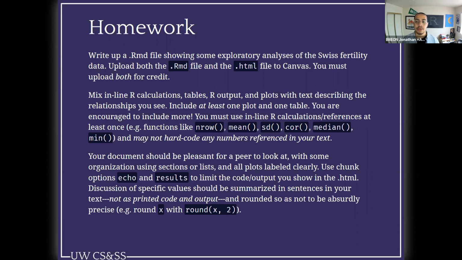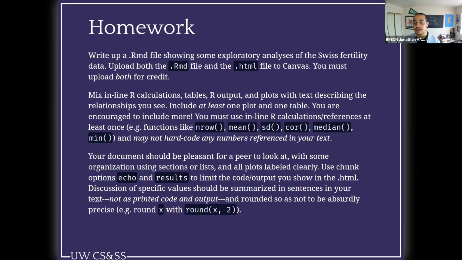You must upload both in order to get credit. You're going to mix inline R calculations, tables, R output, and plots with text describing the relationships you see. Include at least one plot and one table. You're encouraged to include more. You must use inline R calculations and references at least once.